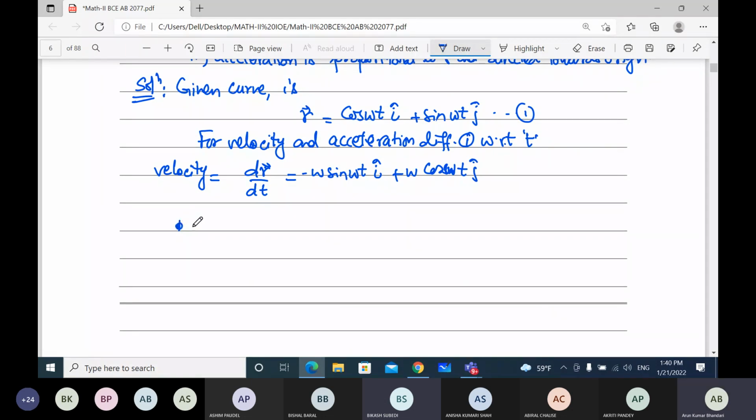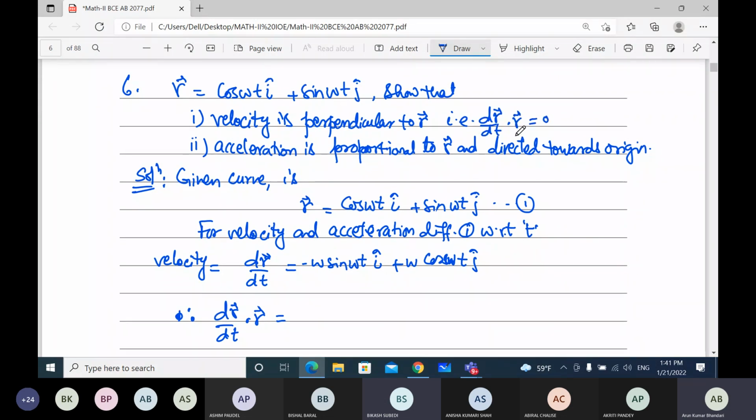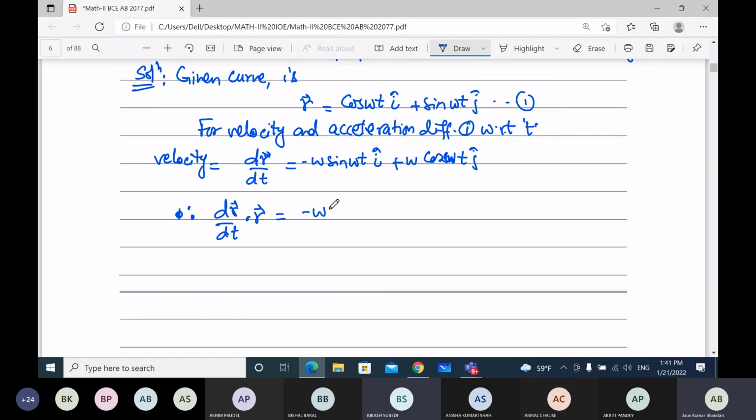Therefore, velocity perpendicular to r means dr by dt dot r equals 0, we need to show this. dr by dt is minus omega sin omega t i plus omega cos omega t j, dot cos omega t i plus sin omega t j.